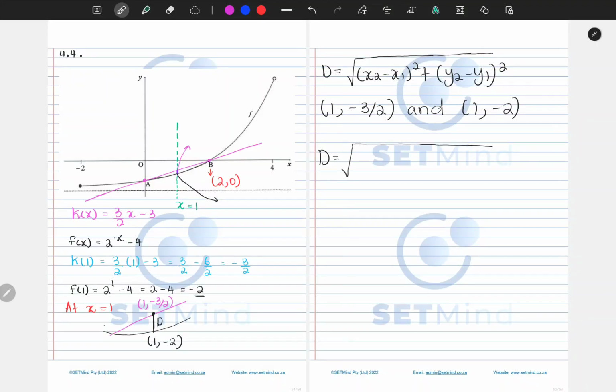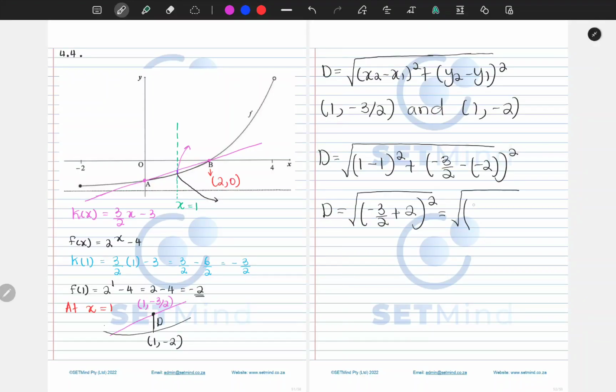So our distance is going to be, I take the x's, so it's 1 minus 1 squared plus, let's deal with the y's, negative 3 over 2 minus 2 all squared. So if you look carefully, what we will end up having will be negative 3 over 2. The minus will make a positive there, plus 2 all squared, like this. And this you can easily use your calculator to figure out what it is.